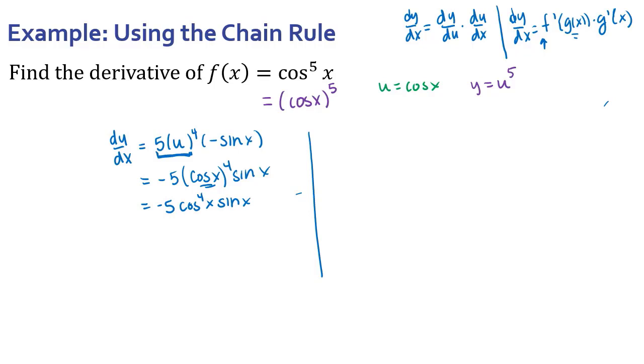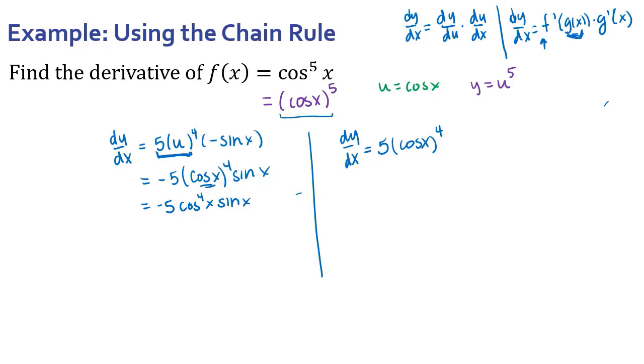Okay, so if I was doing it the prime way, here we'd have our outside function be that something to the fifth power, okay? So that would be 5 times something to the fourth power. That inside function is cosine of x. So again, what we're doing here is basically visualizing: here's my outside, something to the fifth power.